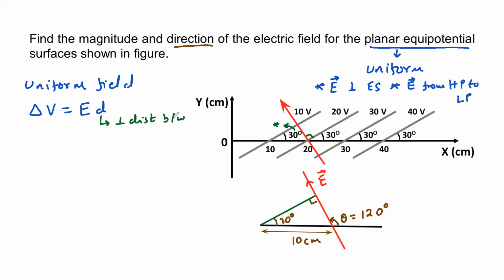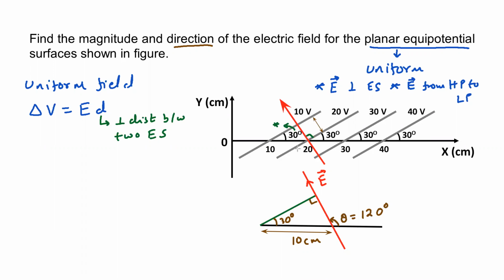D is the perpendicular distance between two equipotential surfaces. Okay. So in that case, if you look at the original diagram, you can say that the perpendicular distance in this diagram is this one right here. This is the perpendicular distance, right? We'll use a thinner arrow. Okay.